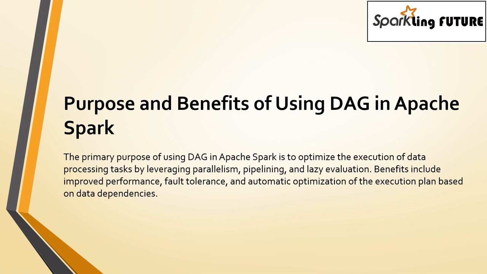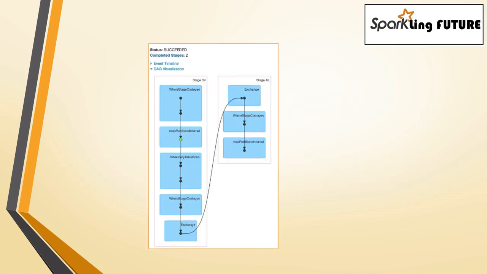It will rearrange the query that we are sending and create physical plans, apply the optimizations, and select the cost-effective physical plan, then take it for execution. So this is the purpose of the DAG and the benefits of using the DAG.